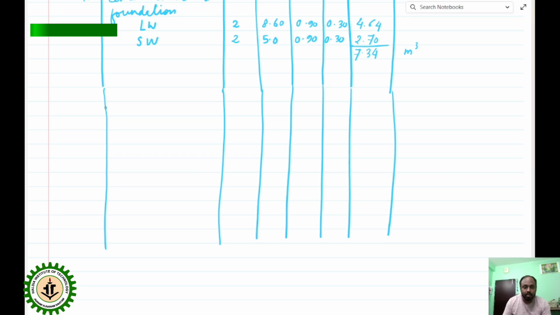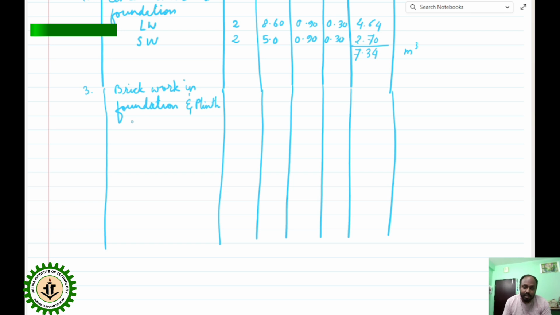What was the next quantity? That is brickwork. Brickwork in foundation and plinth.